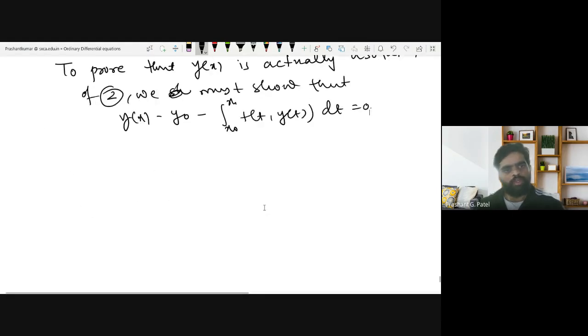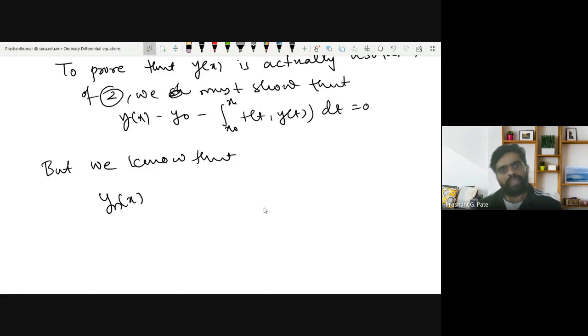But we know that this is our objective, that yn of x we define as y0 plus the integral, so I can write down everything on one side, that is yn of x minus y0 minus integral x0 to x of f of t comma yn minus 1 of t dt equals 0.